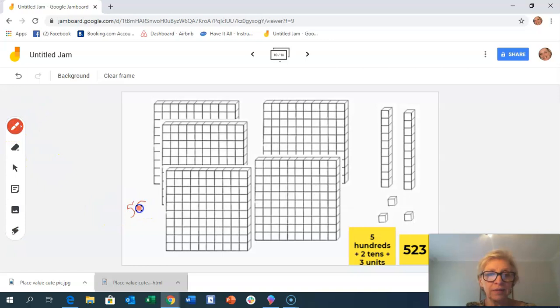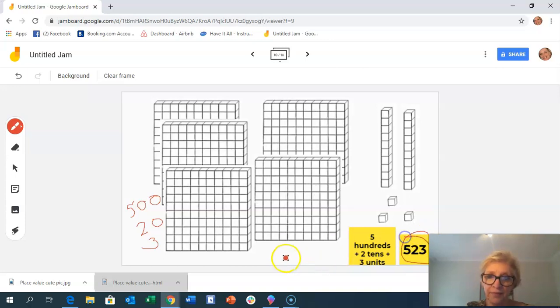Beautiful handwriting. Sure you can do better. And then we've got 10 and 20. But I've got 3 little units here, so that's 3. What my total number is now is 523.